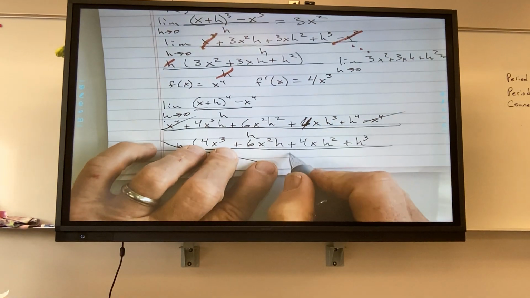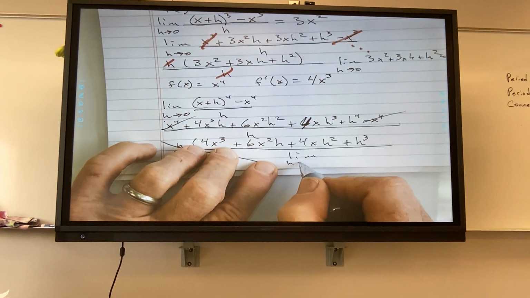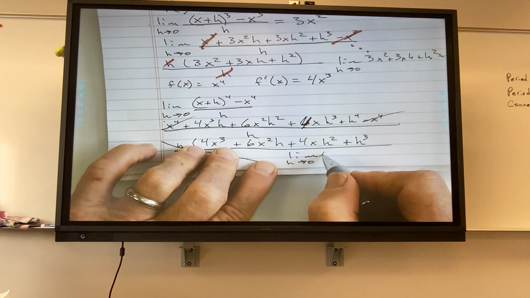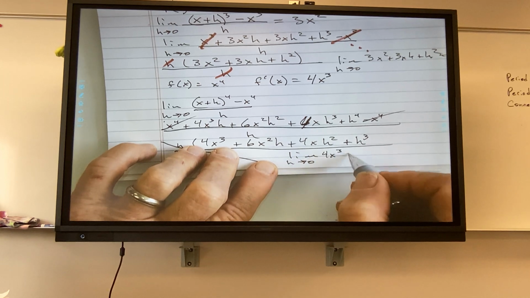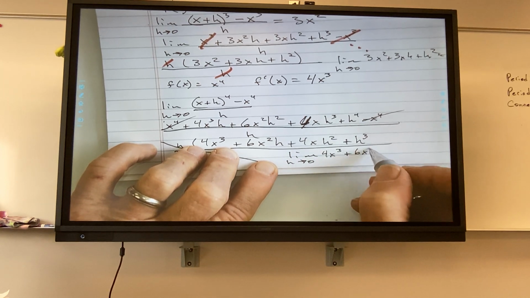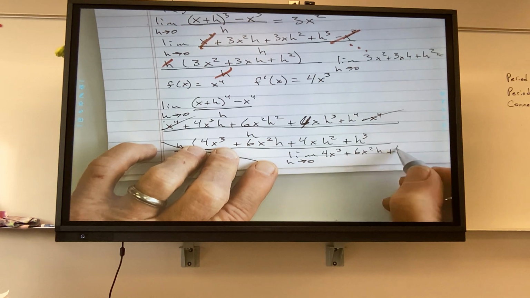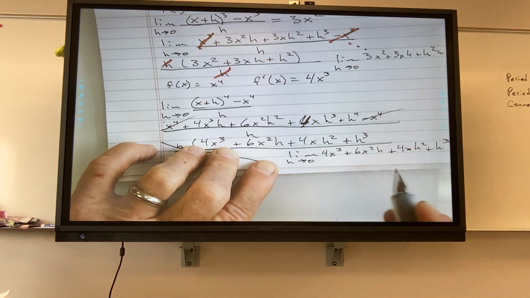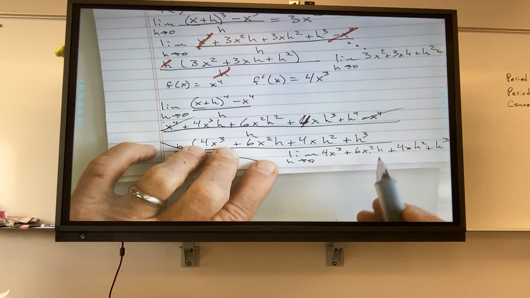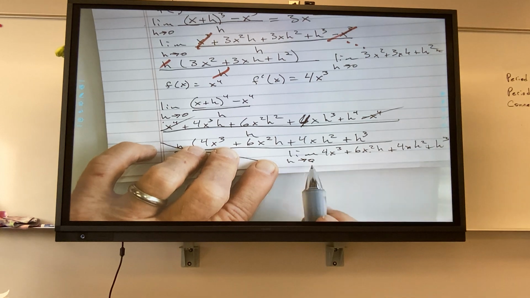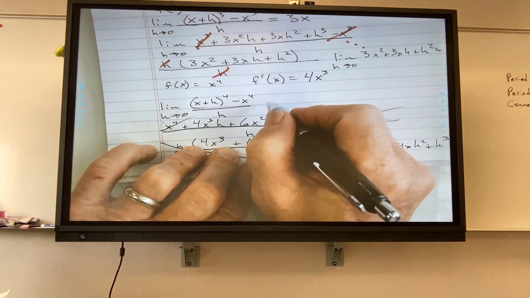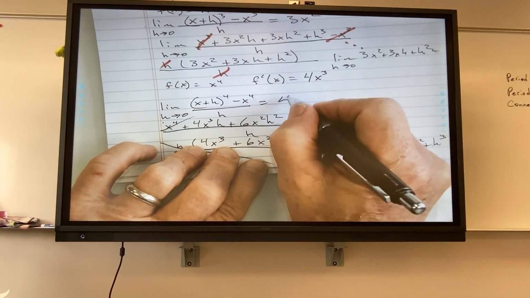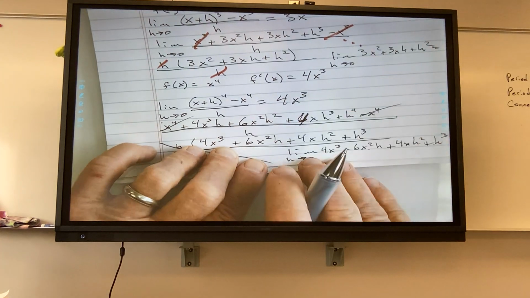And so down here I take the limit as h goes to 0 of 4x cubed plus 6x squared h plus 4x h squared plus h cubed. When I plug in 0 here, here, and here, I am left with 4x cubed.